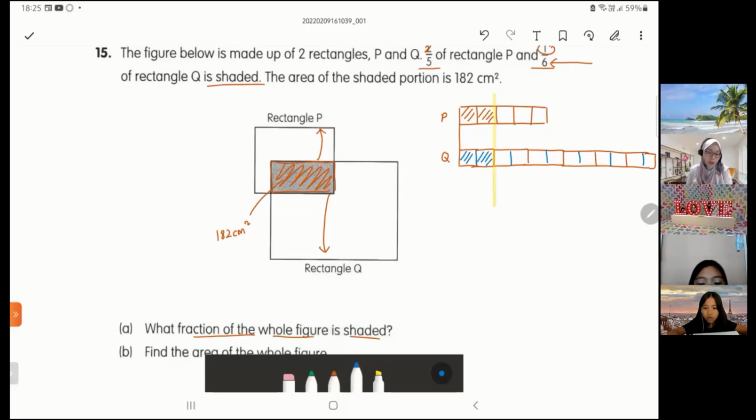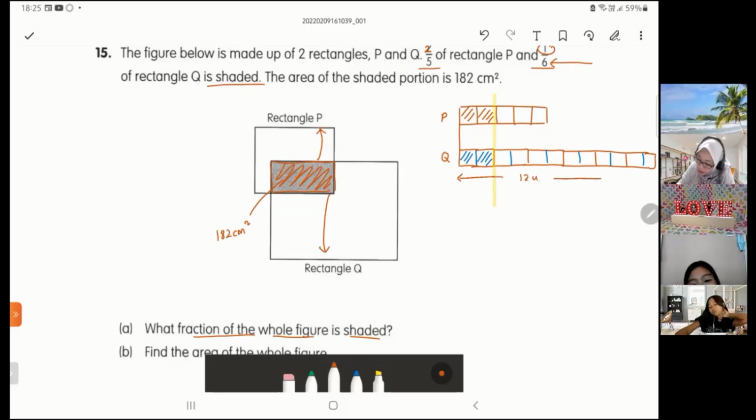So the fraction of the whole figure which is shaded. Over here, you're supposed to get 12 units. 1, 2, 3, 4, 5, 6, 7, 8, 9, 10, 11, 12. Can you see the whole thing here is 12 units? And then for Q, here will be actually just 5 units.